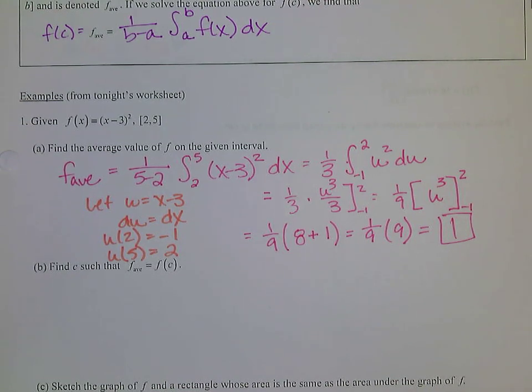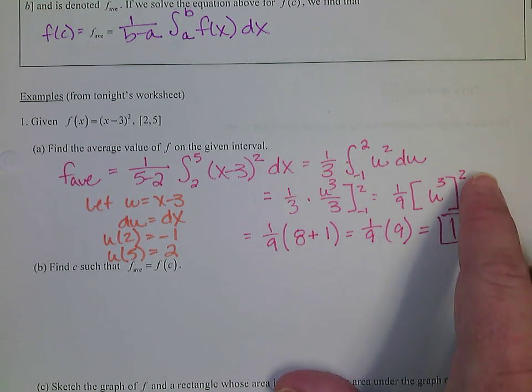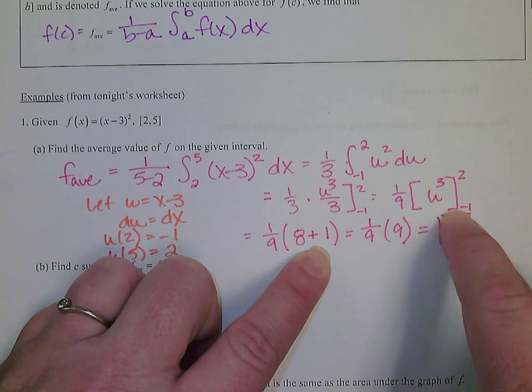Any questions about that? Okay, I'll give you a second to catch up and process. What part? That is 2 cubed is 8, minus negative 1 cubed is negative 1, minus the negative 1.